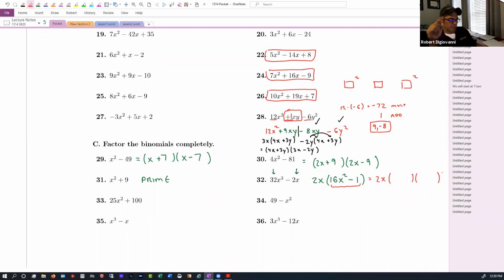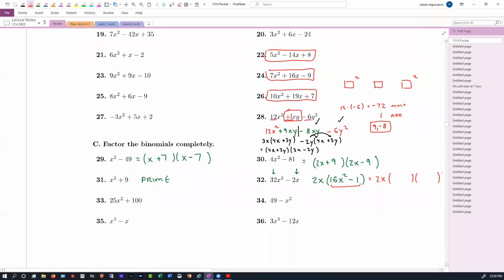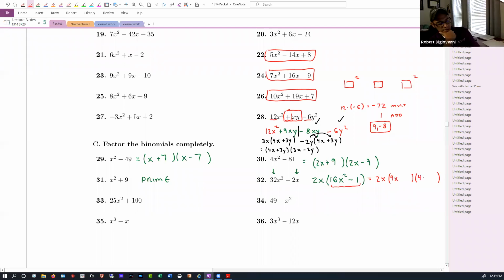So you need to get a 16x squared. So how are you going to get 16x squared? What times what? 4. 4x and 4x, then a plus and then a minus. And then you look at the number in the back, 1. And the only way to get 1 is by doing 1 times 1.